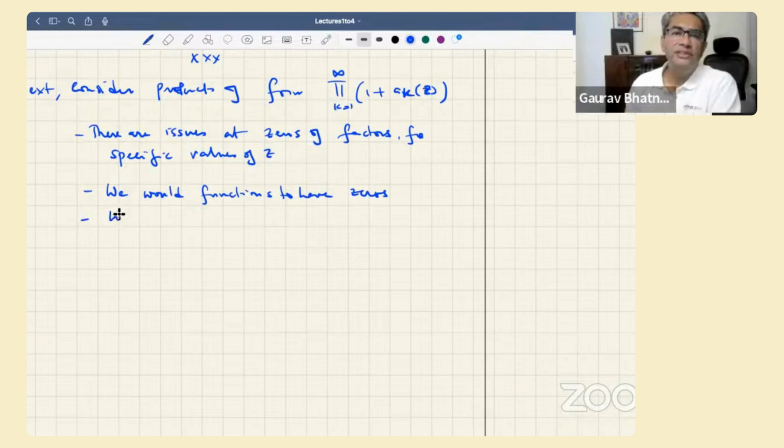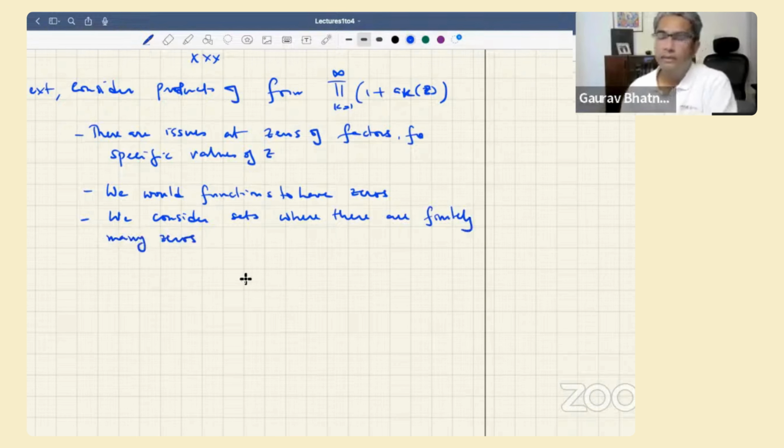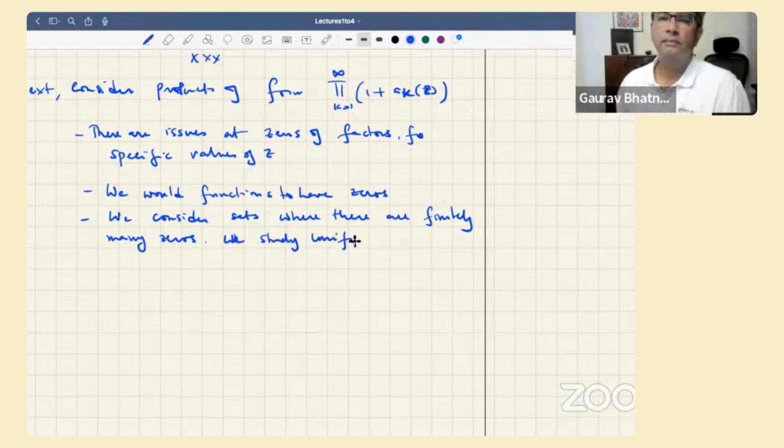So we usually consider sets where there are finitely many zeros, and so obviously they don't have a limit point. And we study uniform convergence in regions.